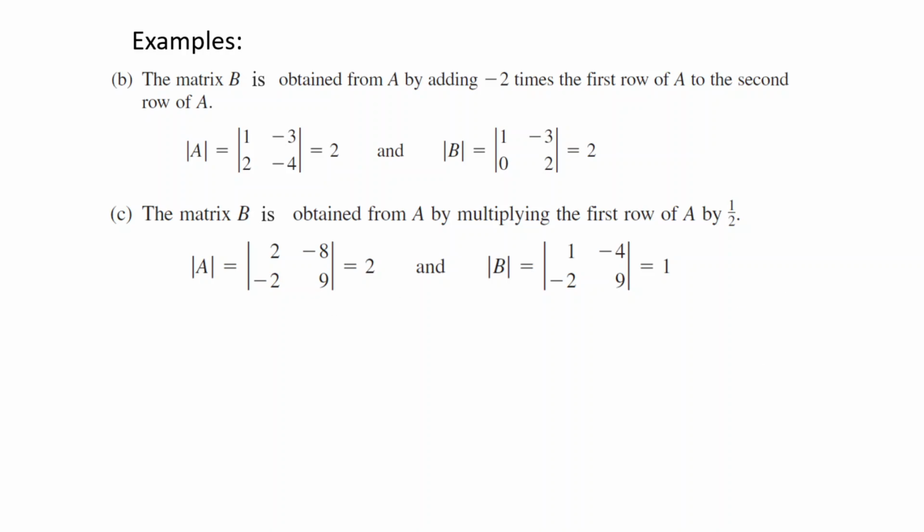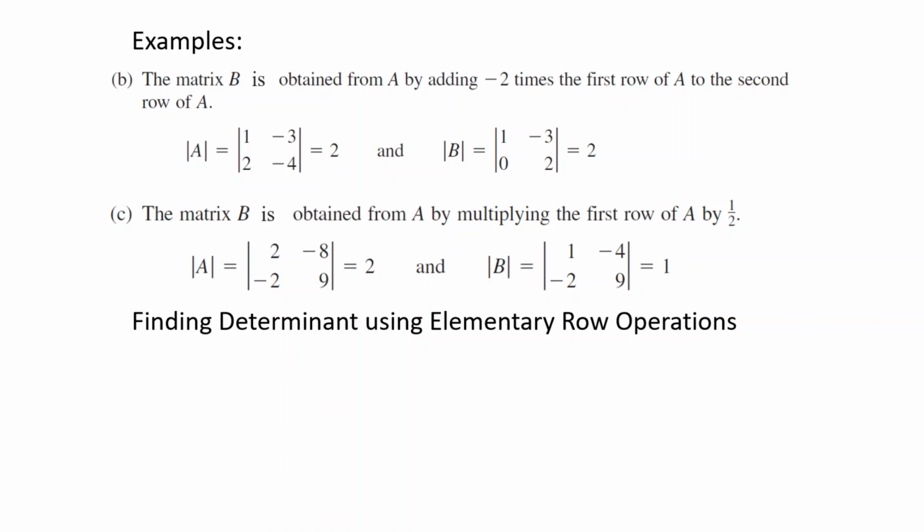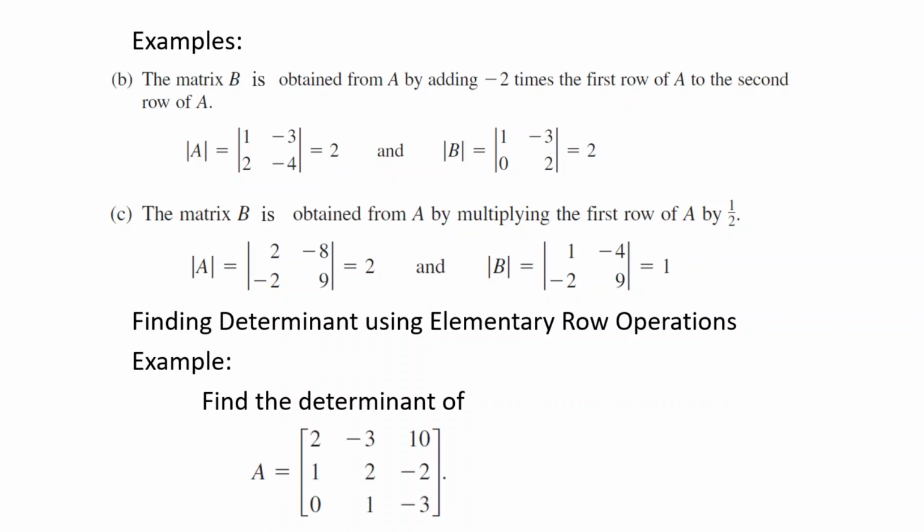Now, let us show how to find a determinant using elementary row operations. Given this matrix A, what we are going to do is rewrite this matrix in triangular form while applying the theorems we introduced to find the determinant.